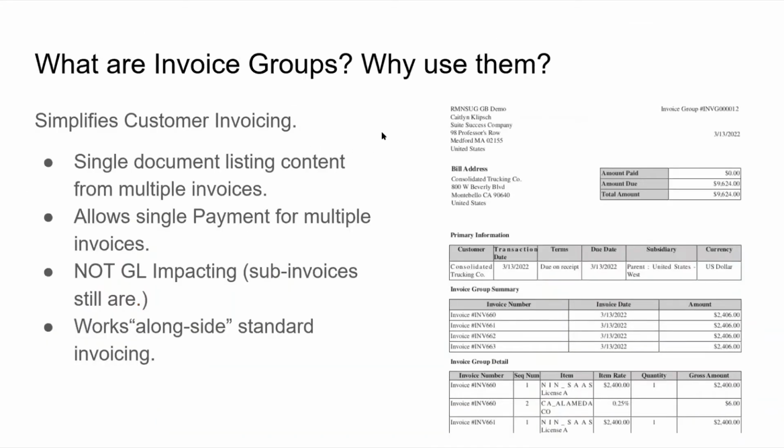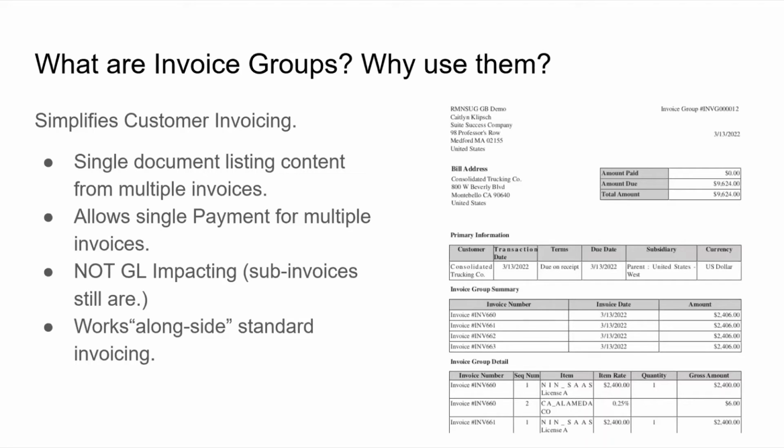I suspect a lot of you have a scenario every month when you bill your customers where you generate most of your invoices through sales orders or some native NetSuite way. But then you have these little one-off bills that for whatever reason you have to do through CSV or whatever. So now your customers are getting 2 invoices from you or 5 invoices, and you're having these calls of, can we just send them 1 invoice?